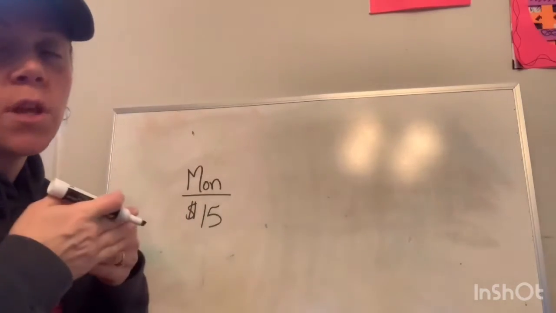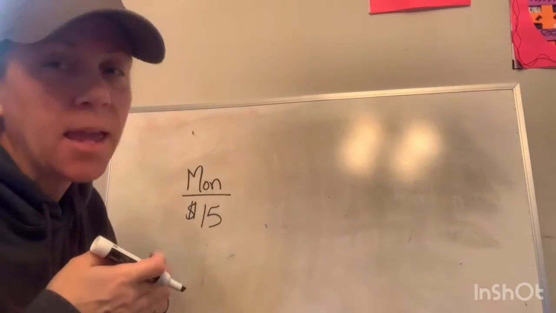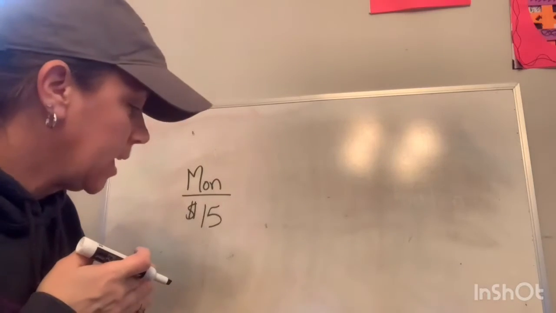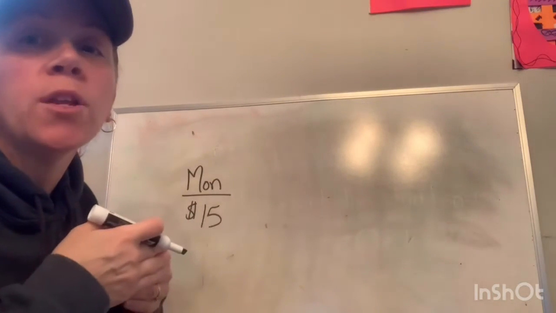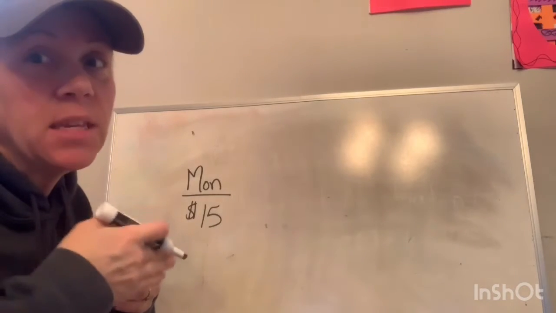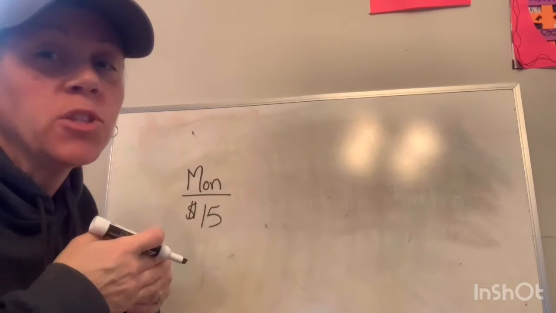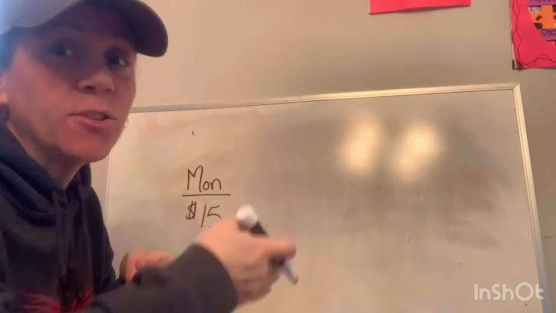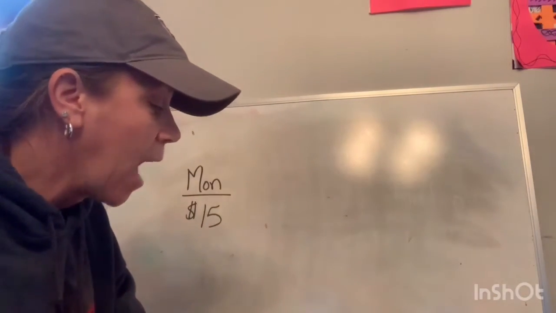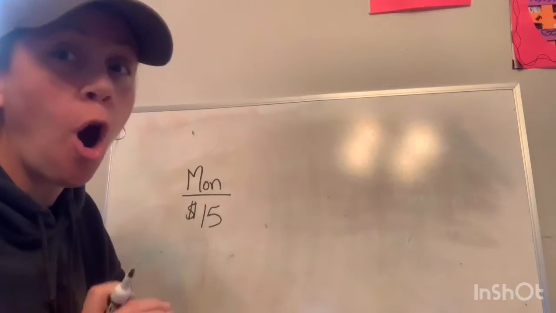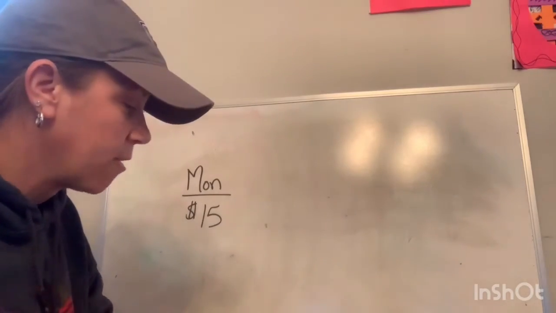So he earns $15 on Monday. I'm not going to write that he earns $8 on Tuesday. What I'm going to do is add the 8 to the 15 already, so I know how much he makes on Monday and Tuesday together. Because my question says, how much does Jamal earn altogether by Saturday?